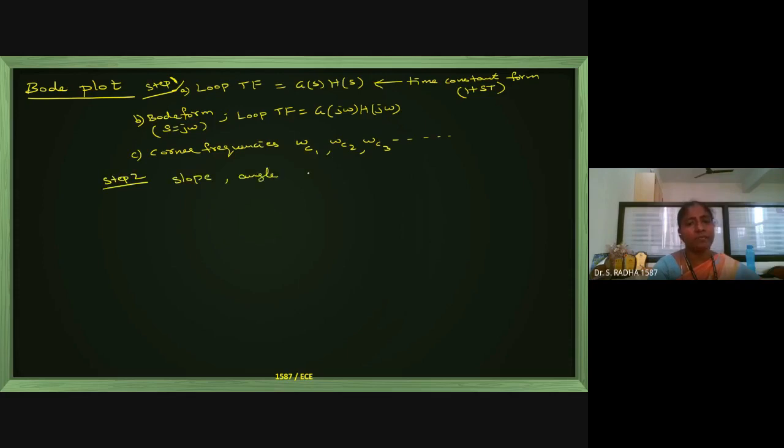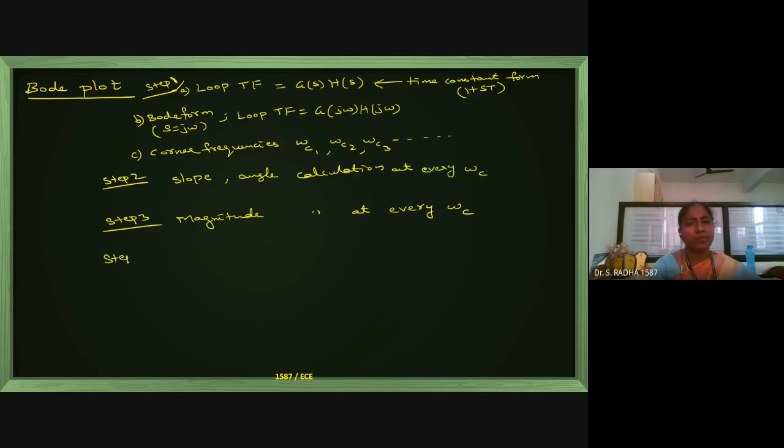Then we go with step number 2, the slope and change in slope calculation. Then step number 3, magnitude calculation at every corner frequency omega c. Here also, angle and slope we will calculate at every corner frequency omega c.